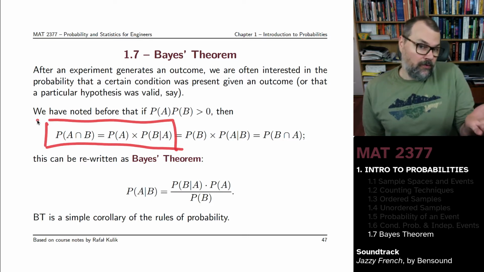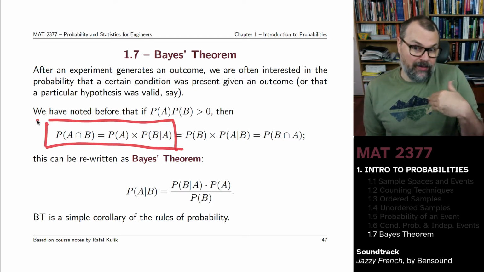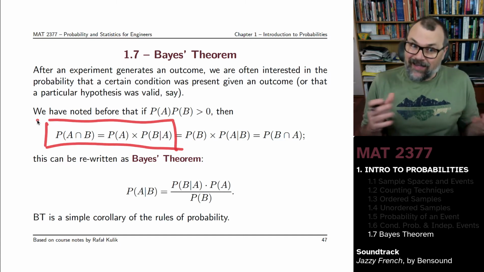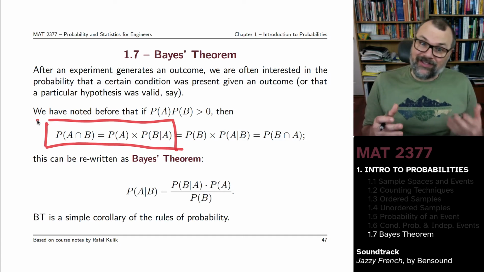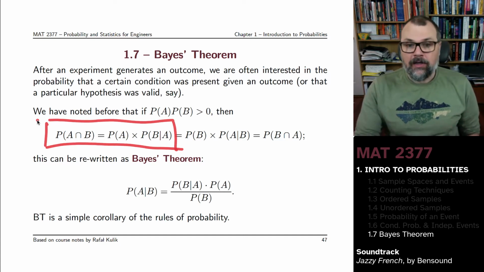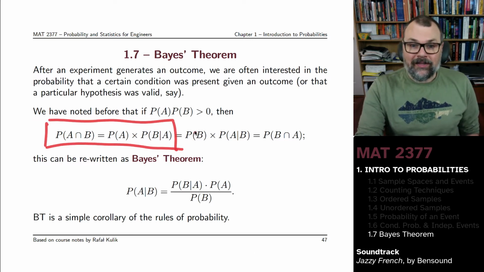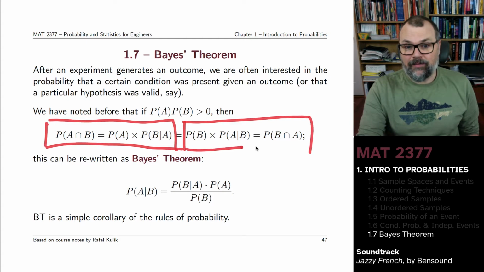But whether you look at A intersection B or B intersection A, that's the same set, the same event. And so you can also write it as the probability of B times the probability of A given B. These two things have to be equal.